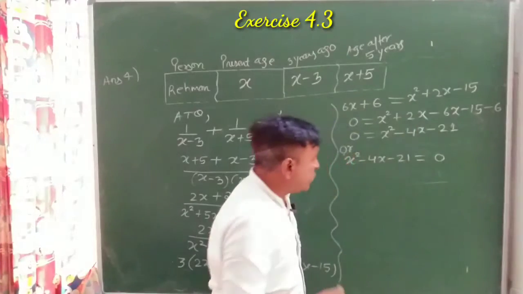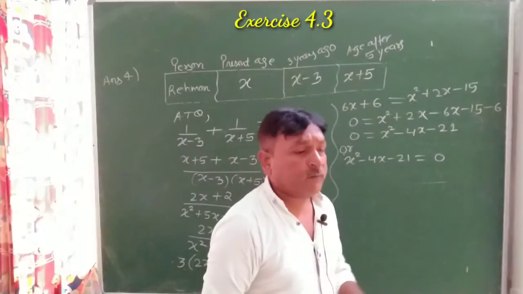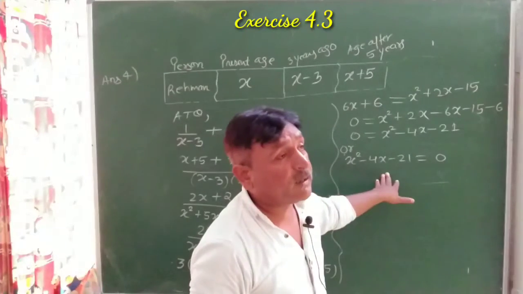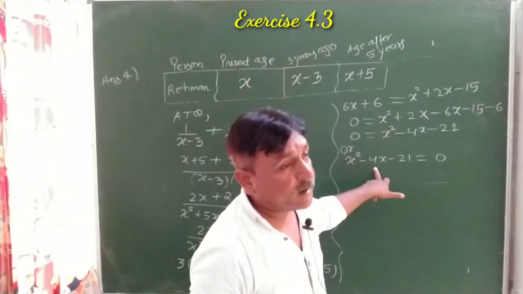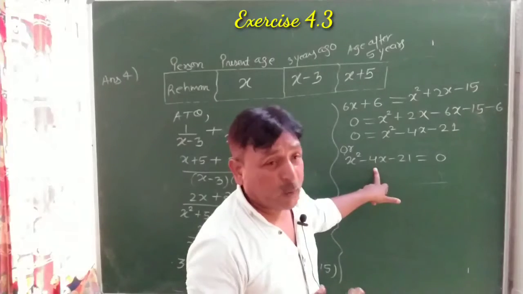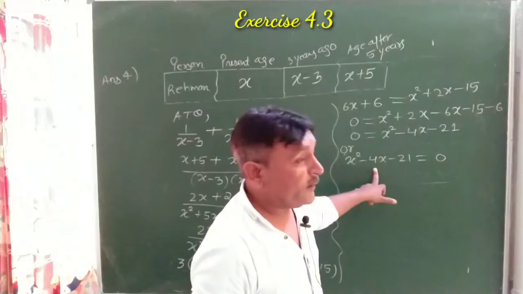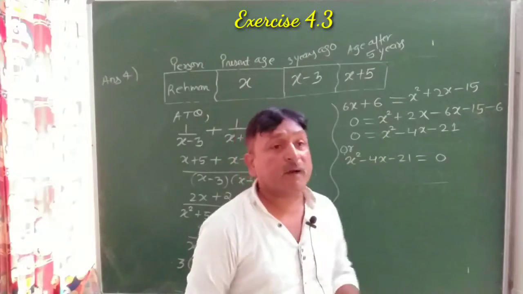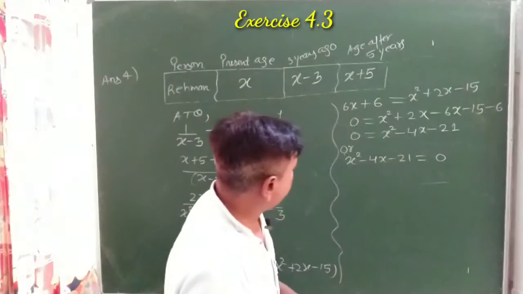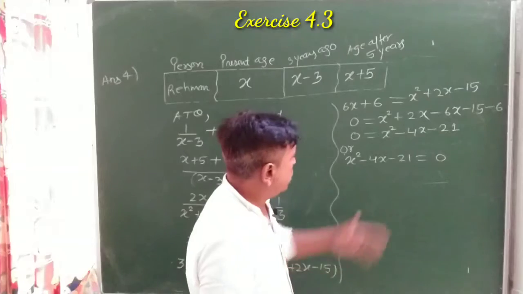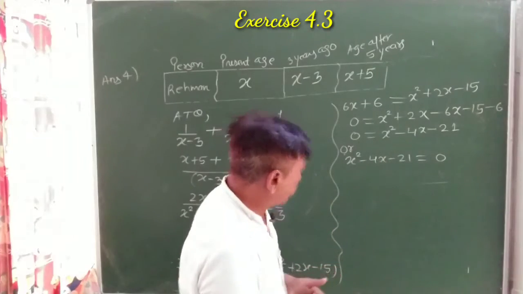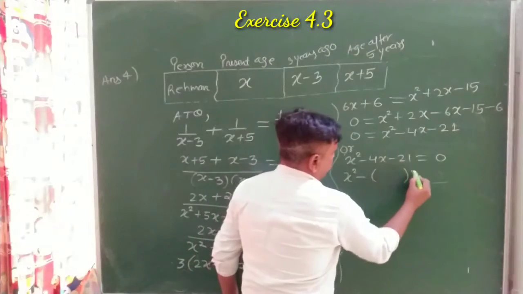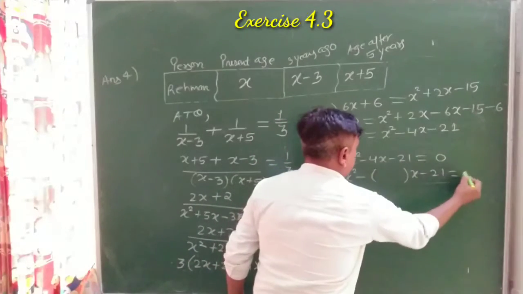Now we have to factorize this quadratic equation by any method. Solve the equation by the middle term split method, and if you are having any problem solving by the middle term split method, then apply the quadratic formula. So here it is simple. We need 4 and minus 21. We all know how to do the factors. x square minus 4x minus 21 is equal to 0.